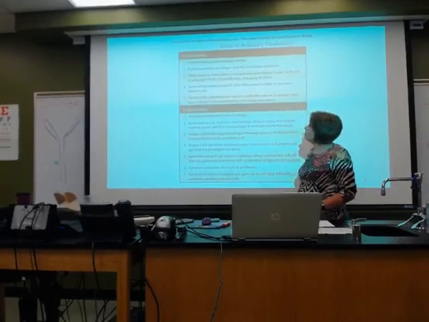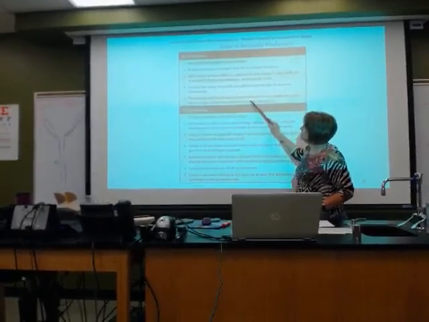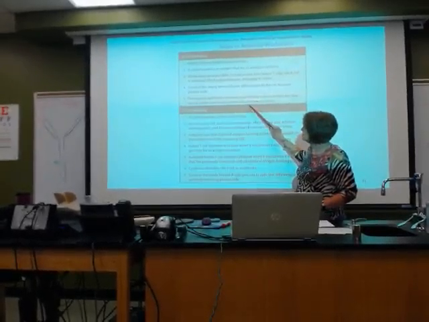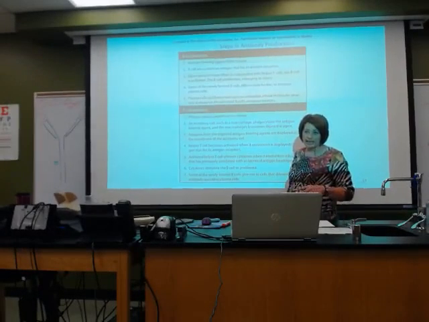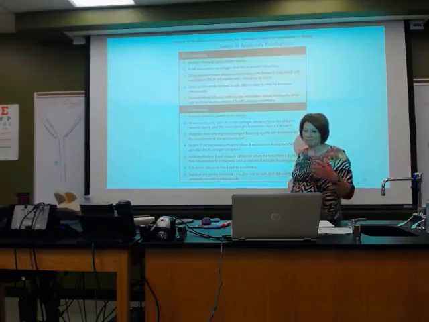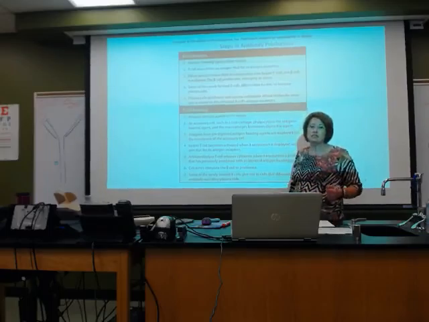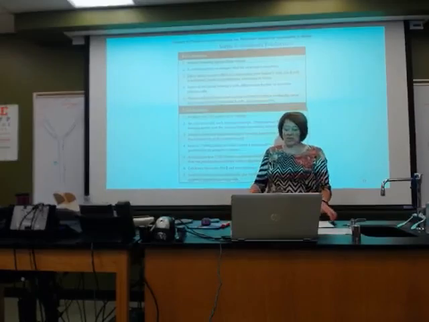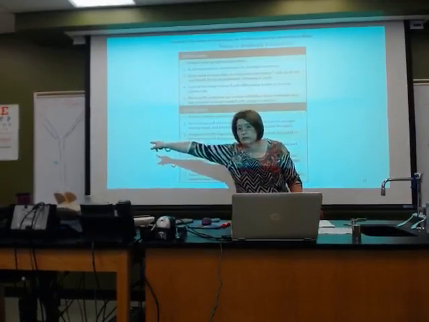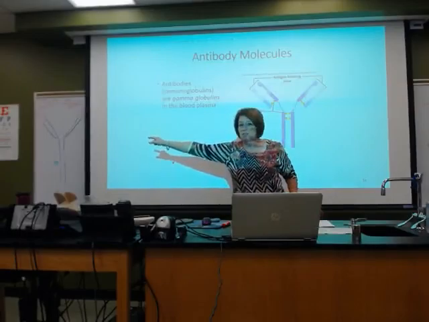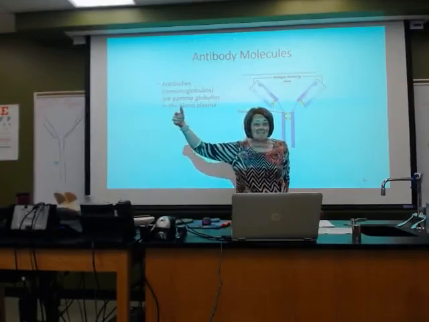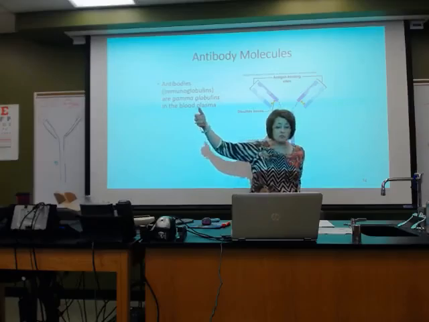Then we can move on to create antibodies so that we can attach to the antigen and basically stop its activity. So in that antibody, that structure right there, this is what your textbook is going to get a little detailed about. We just don't have that kind of time.